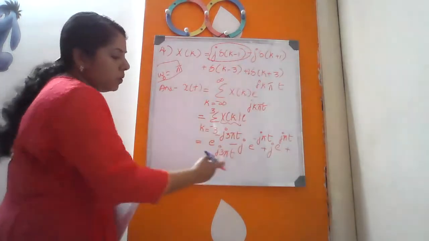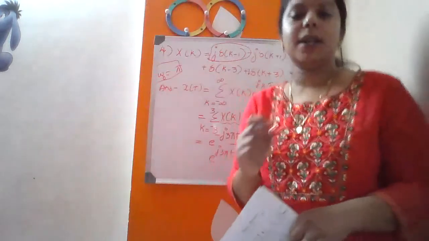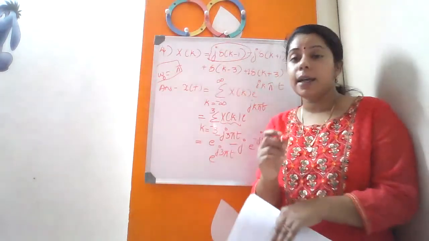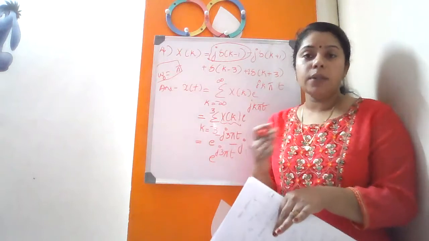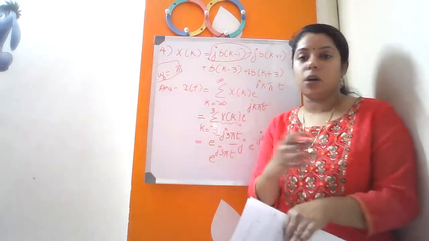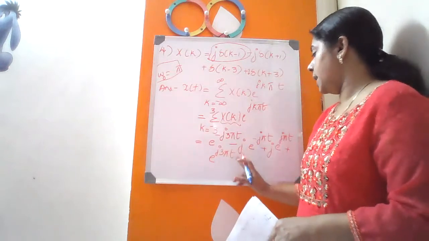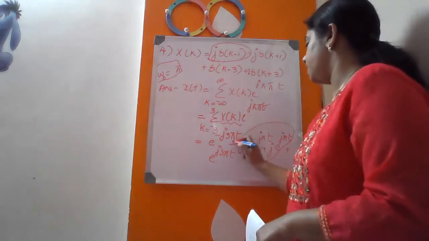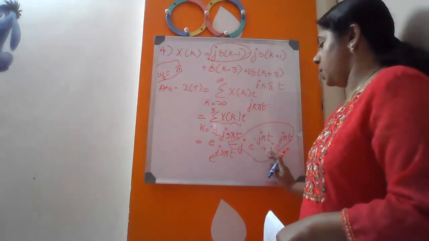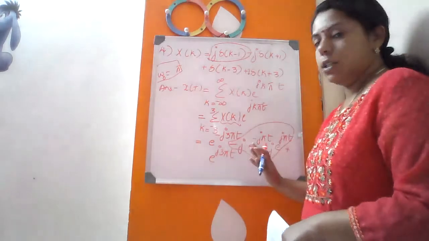Now, you can see that I can simplify this equation again. I said that whatever equation you are getting, just try to see whether you can write it in terms of sine and cos. Actually, this equation I can write in terms of sine and cos. You just see this part first. J is there, take that j outside.